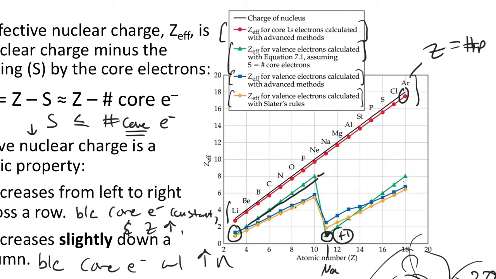But if you notice, we get a little bit of a divergence between our green, blue, and yellow curves. The more advanced methods are giving you a higher charge. They're giving you a higher charge because the S value is less than 10. The S value just isn't quite 10 for sodium because the 2p electrons and the 2s electrons just aren't as effectively screening charge as those 1s2 electrons were.